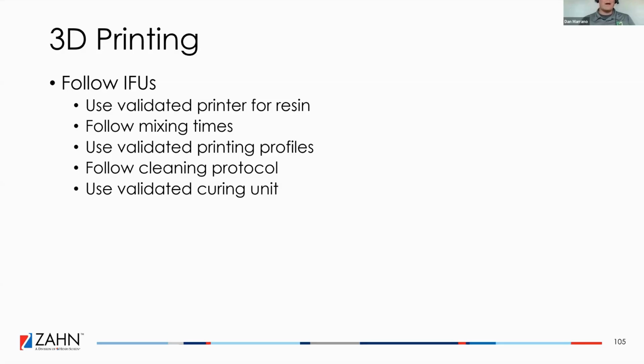Make sure you take care of working with these materials, and they will provide a long-lasting restoration and efficient workflow for you. When you get away from these protocols is when you start getting into gray areas, and we stick to the validated IFUs.